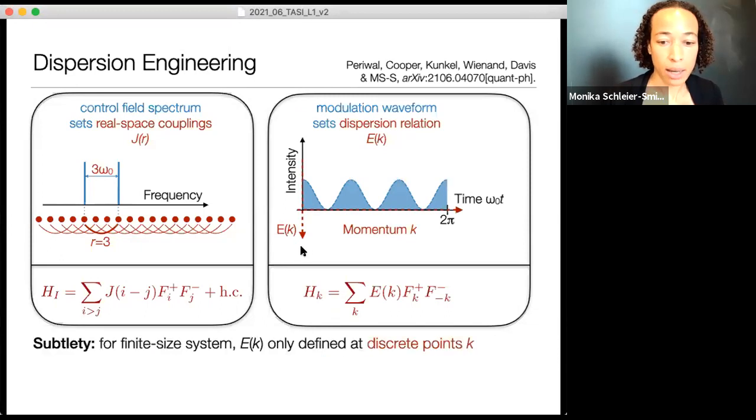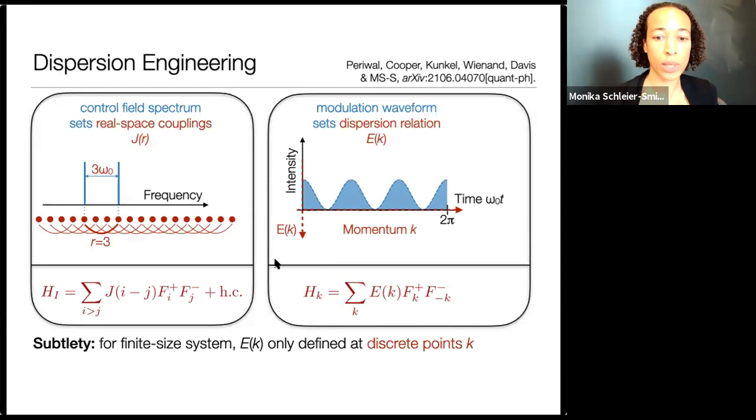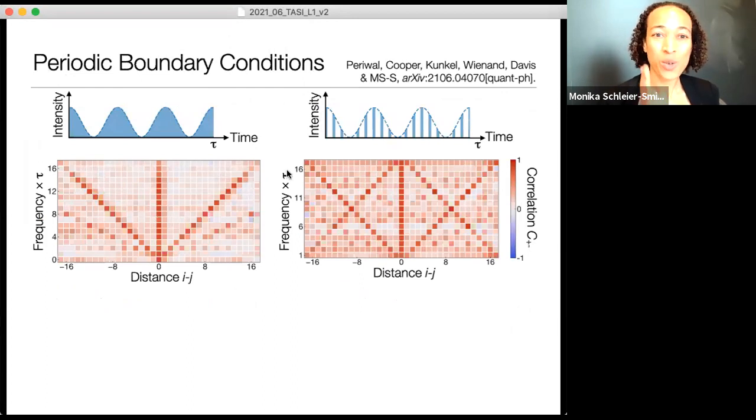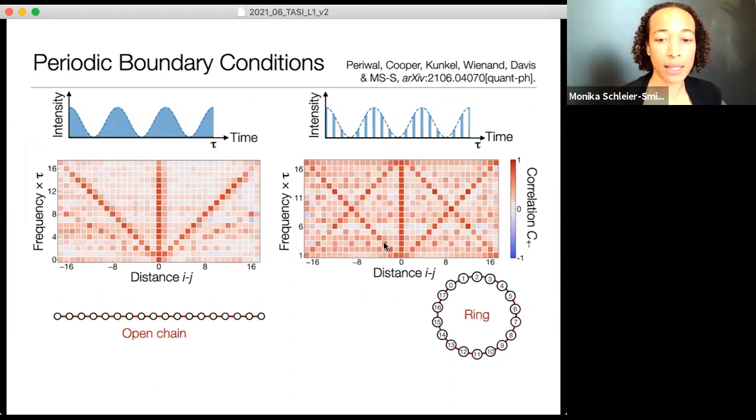So maybe you should think about pulsing this waveform at discrete times. If you do that, you can even realize a system with periodic boundary conditions. You've precisely realized the dispersion relation for a spin chain with periodic boundary conditions if you pulse this waveform. That shows up in the fact that I have correlations at some distance d, but also at the length of the chain minus d.